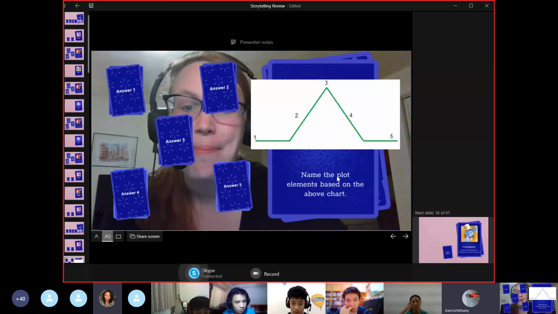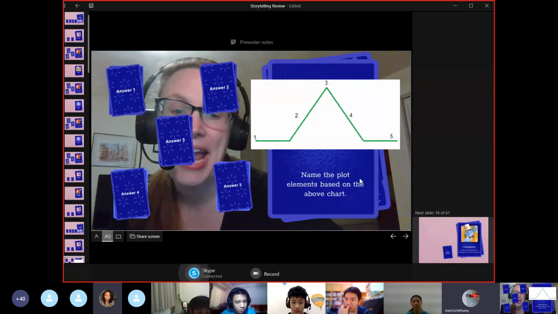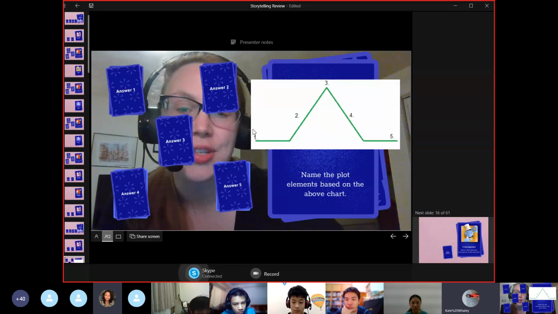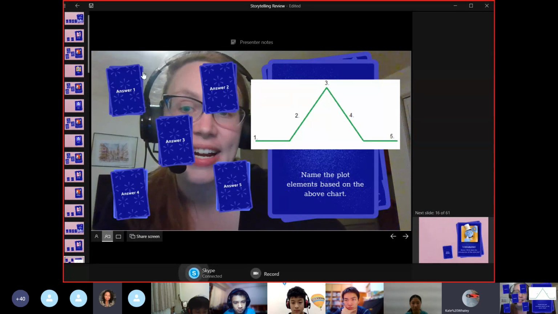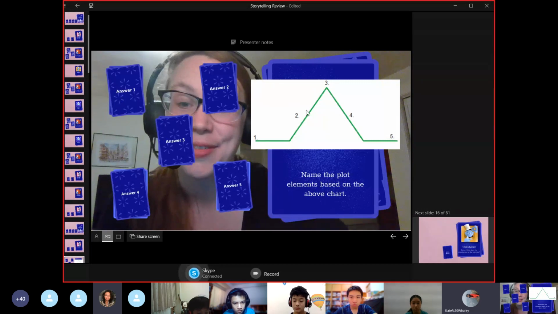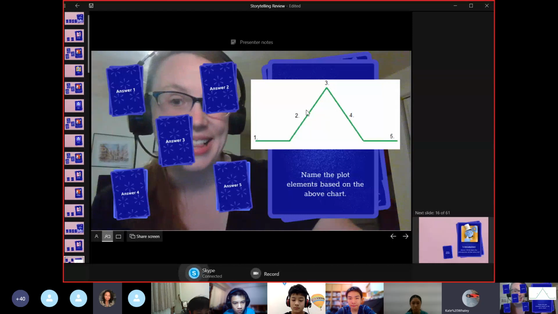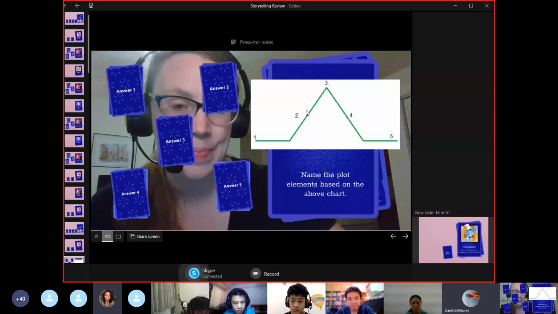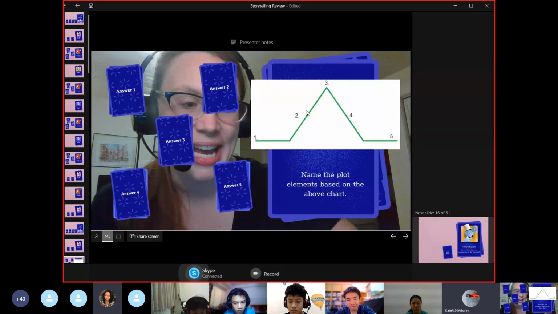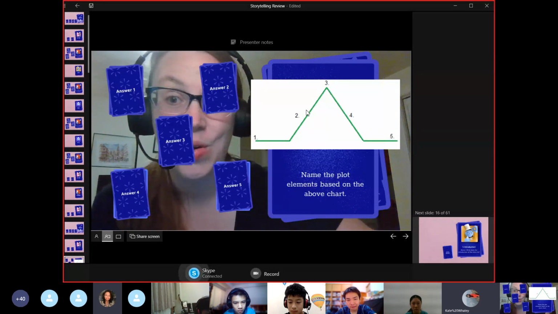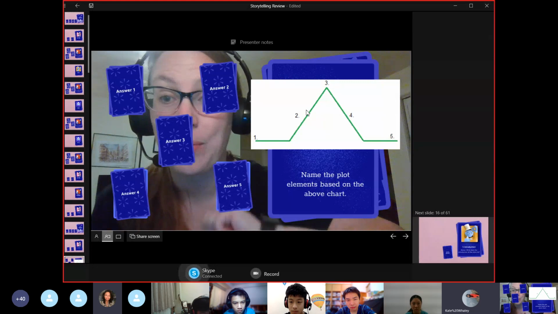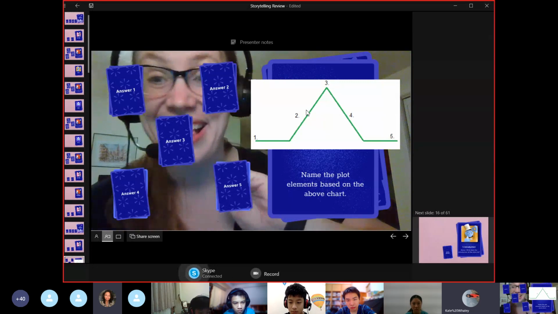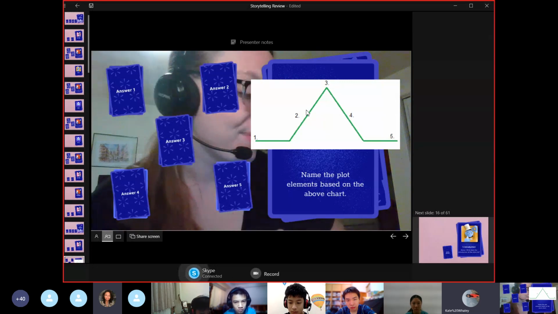Okay, so name the plot element based on the above chart. So we have 1, 2, 3, 4, 5. All right, so here's our answer 1 for here, answer 2 for here, and so forth. All right. Let's see. I'm going to roll the dice to ask what someone put for number 1 or what that plot element is, okay?